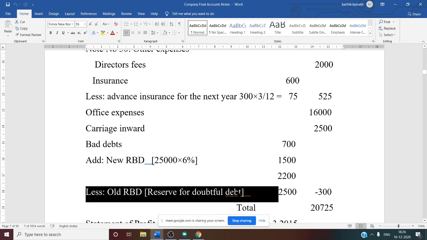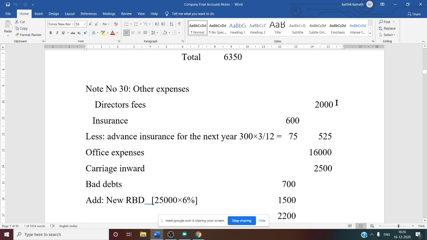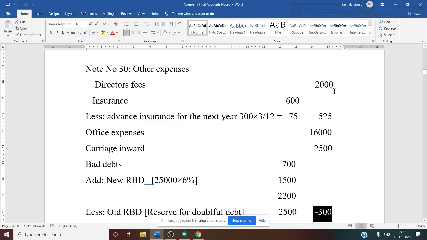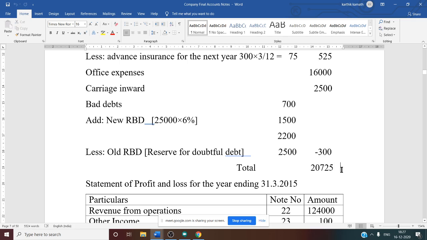So the final bad debt answer you have to show in the outer column is a negative one. Why? 2200 minus 2500 means negative 300. So now we want the total other expenses answer. Add all these things and deduct that final negative answer. 2000 plus 525 plus 16,000 plus 2500 minus 300, you will get the other expenses total as 20,725.